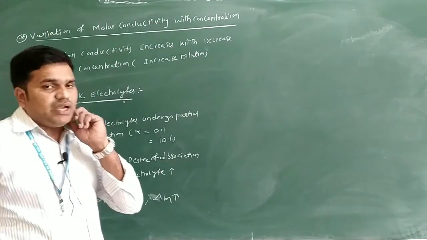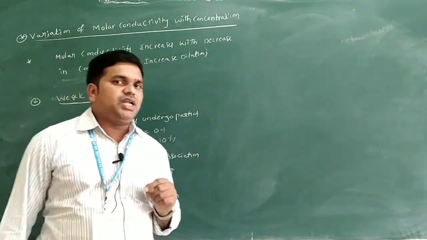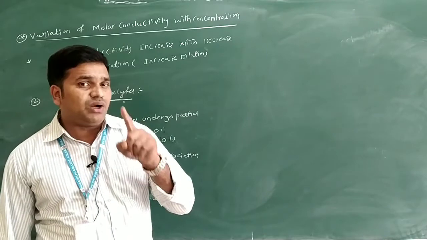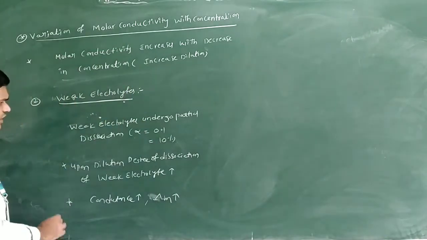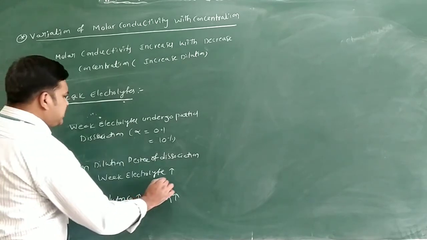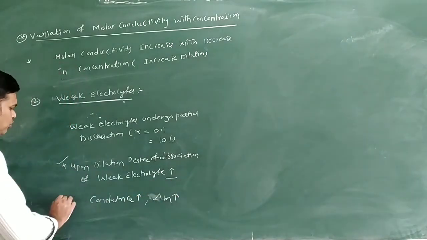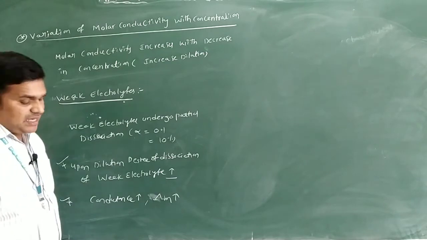But in case of a strong electrolyte, there is no change in the degree of dissociation, only the change in conductance. But in case of a weak electrolyte, there is an increase in the degree of dissociation, and there is also an increase in the conductance of the solution.